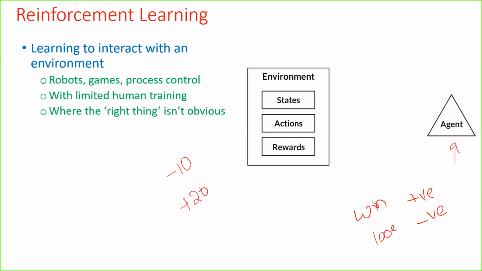Right pickup, right drop-off, +20. Wrong pickup, wrong drop-off, -10. For each step it takes, you can define a reward of -1 because you want to minimize the overall number of steps to drop the customer at the right location. It shouldn't happen that it takes an infinite number of steps, so some reward should be associated with each step also.